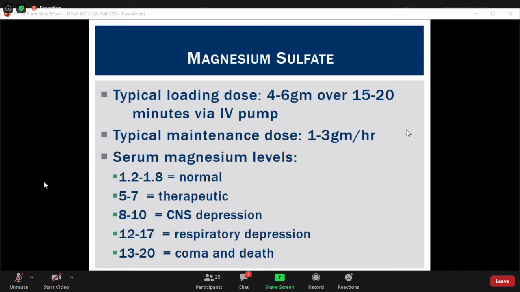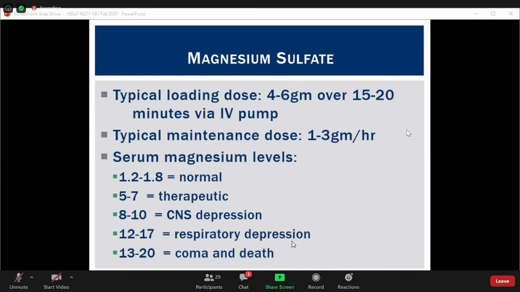So you have to be really careful with this. It's a heavy duty medication. You have to be really, really careful with this. A patient can easily slip from a therapeutic level to central nervous system depression, to respiratory depression, to coma, to death. So it's on us to make sure we're on top of these patients.